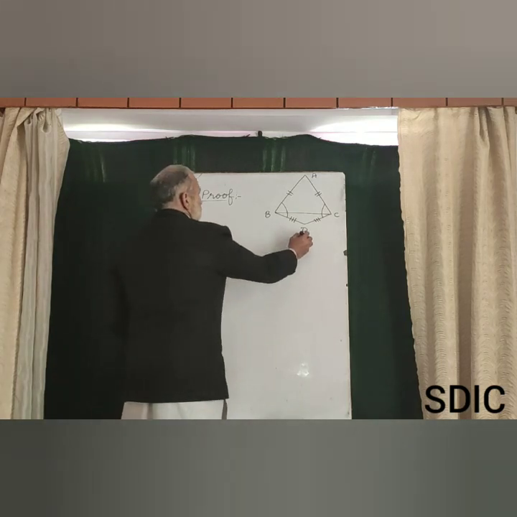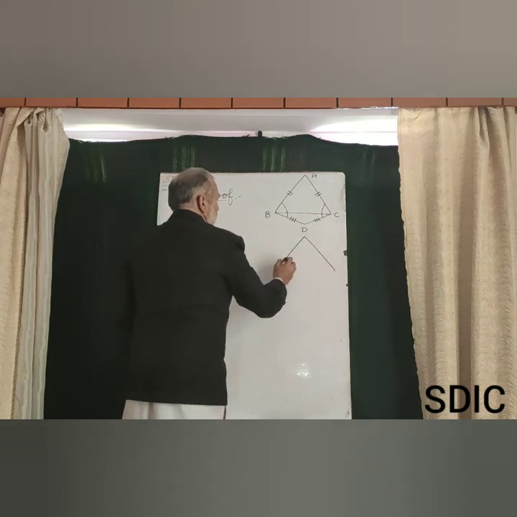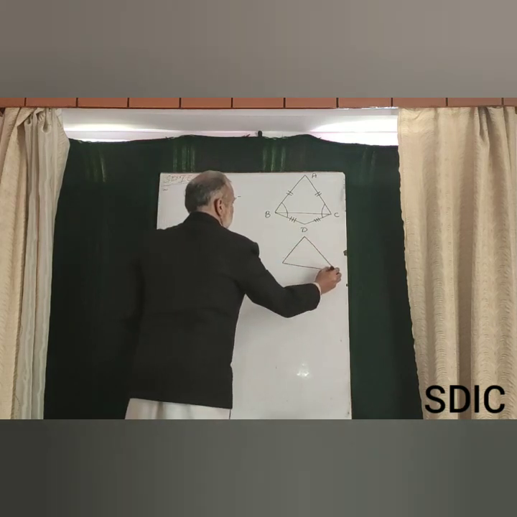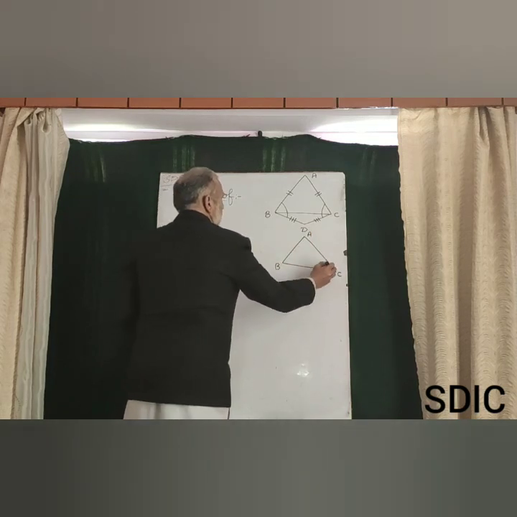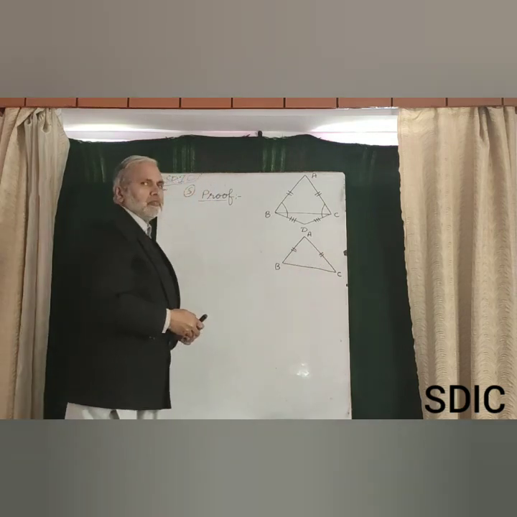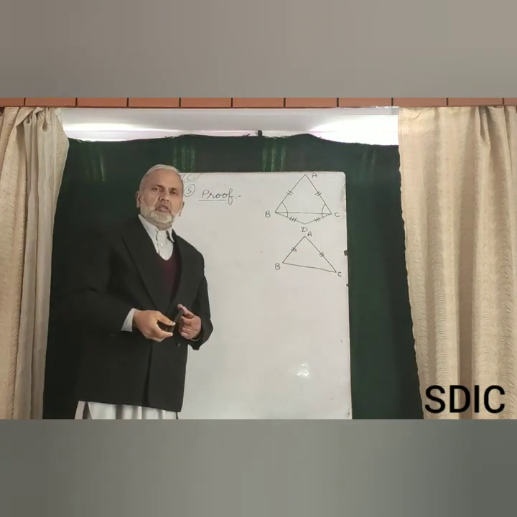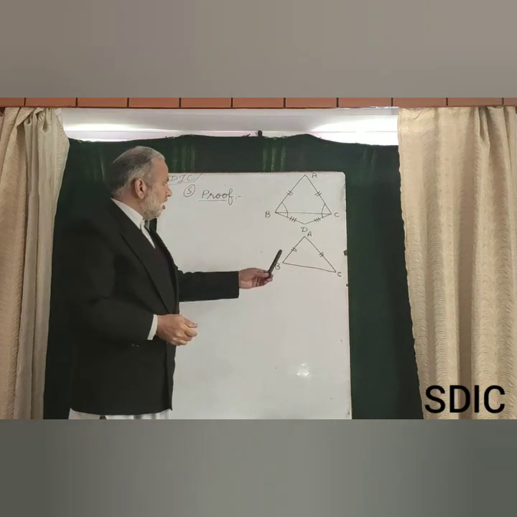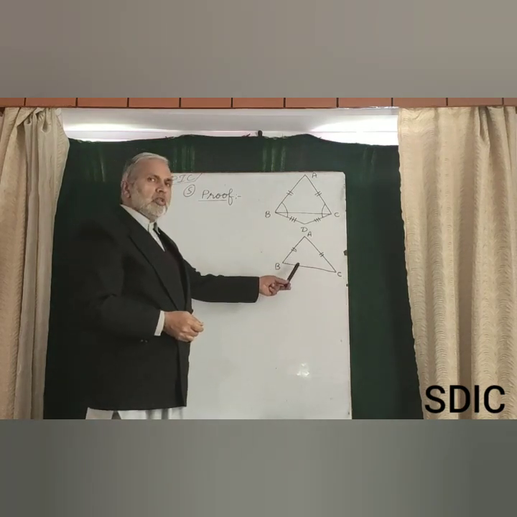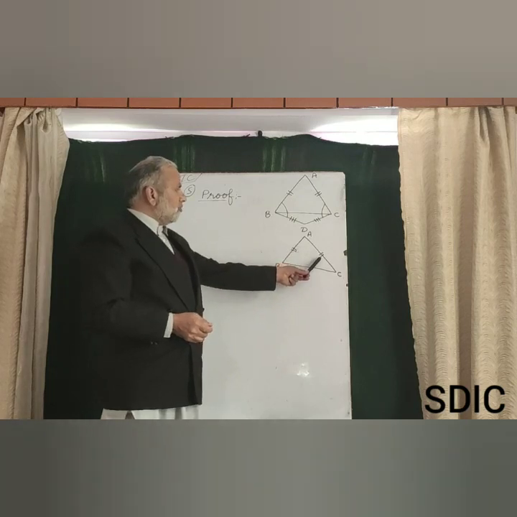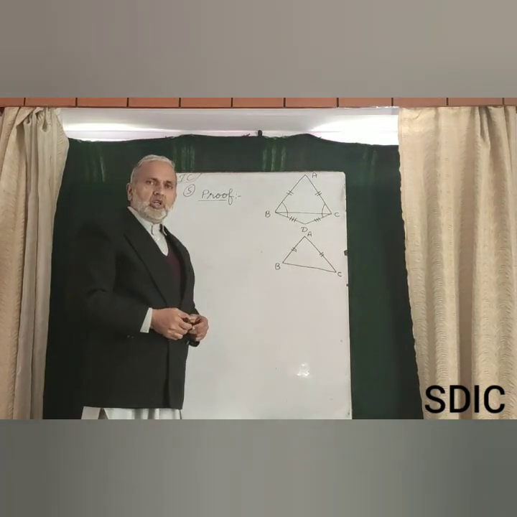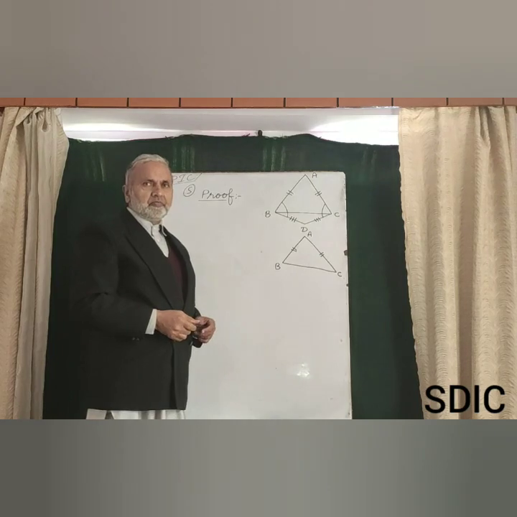I shall draw the rough diagram. This is the first triangle, triangle ABC, with AB equal to AC. Therefore, you can easily understand the theorem that we can use will be: equal sides of a triangle have equal angles opposite to them.